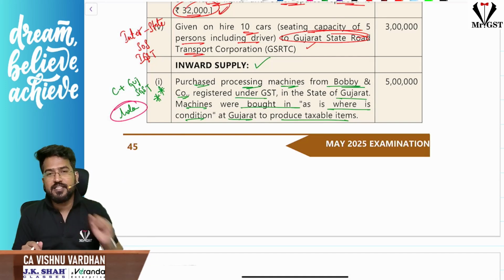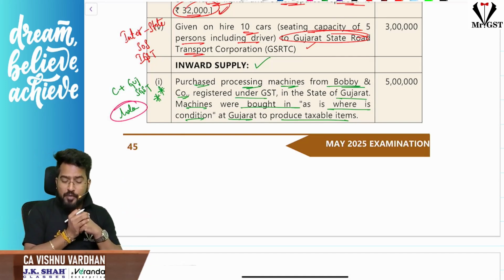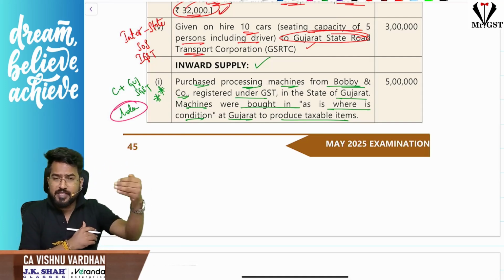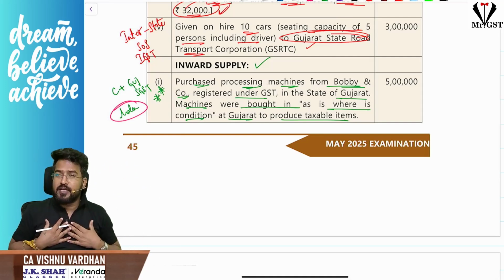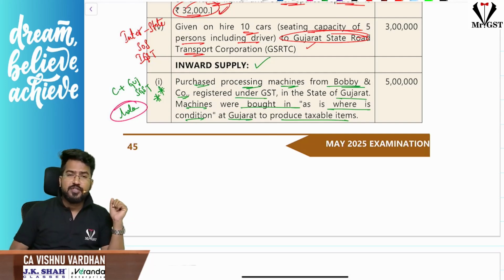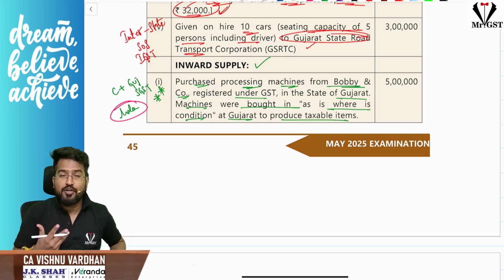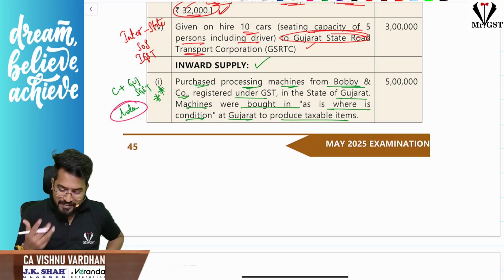Can you take it as ITC? Not possible, sir. Technically it is not possible, because that fellow will charge CGST plus Gujarat state GST, and I am located in Maharashtra. I cannot take CGST plus Gujarat GST as ITC. Are you understanding the point? That is going to be very crucial here. How many of you thought about this? Okay, fine. Let us continue.